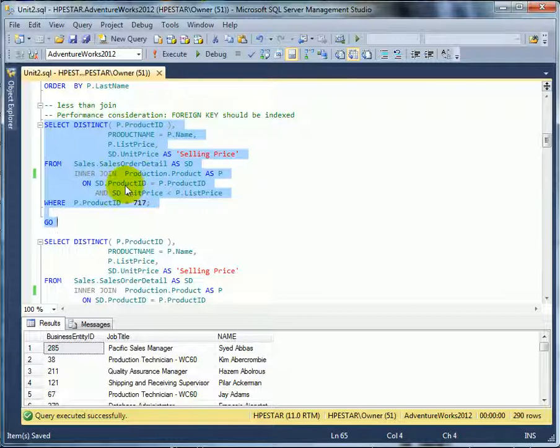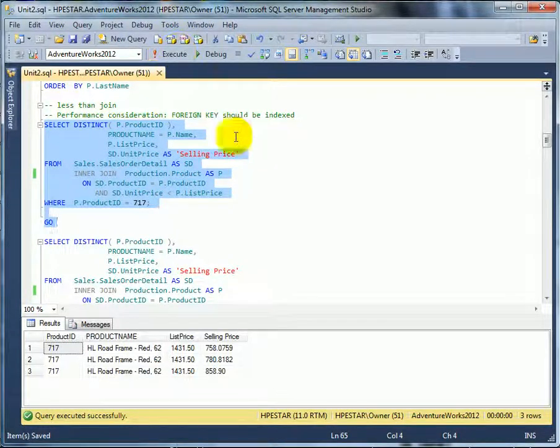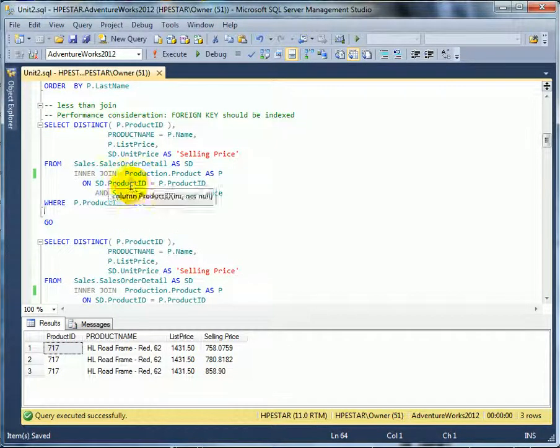So we are joining on, this is a foreign key and this is a primary key in the product table, and this is the result of the query. Performance consideration: foreign key should be indexed. For fast queries, the foreign key, in this case in the sales order detail, should be indexed. Now, the primary key is always indexed. It has a unique index on it.